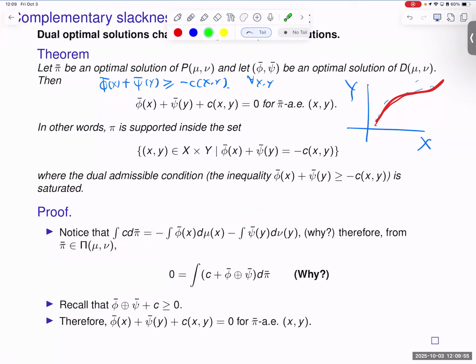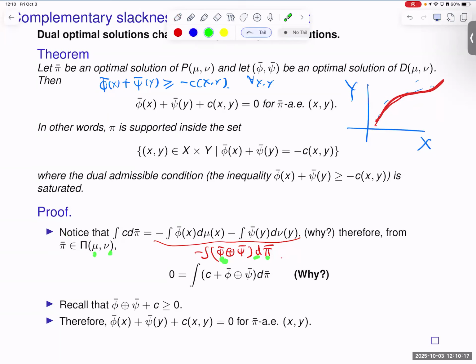And now you can rewrite this as this. Making sense? Why? Because this pi bar has marginals mu and nu.